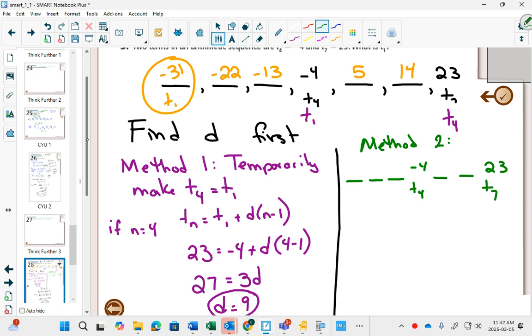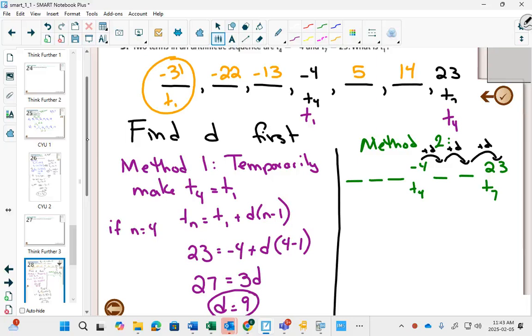Method 2 doesn't use a formula at the beginning. Method 2 just uses some logic and makes its own equation. The logic that method 2 says, well, if I was starting at -4, I would have to add D once to get to that space. I would have to add D again to get to that space. And then I would have to add D again, and I would get to 23.